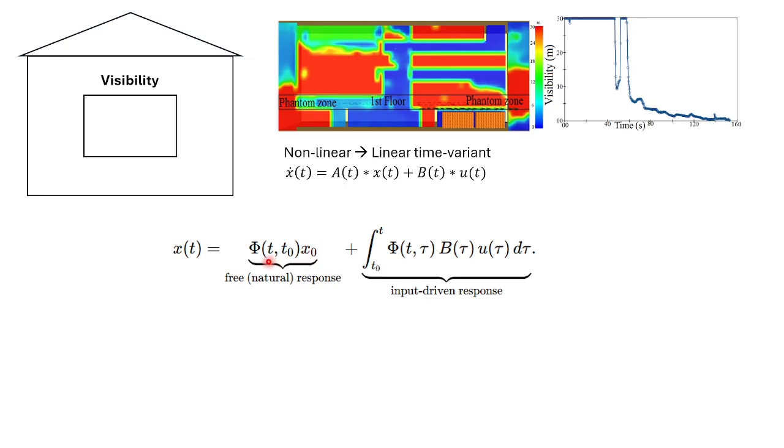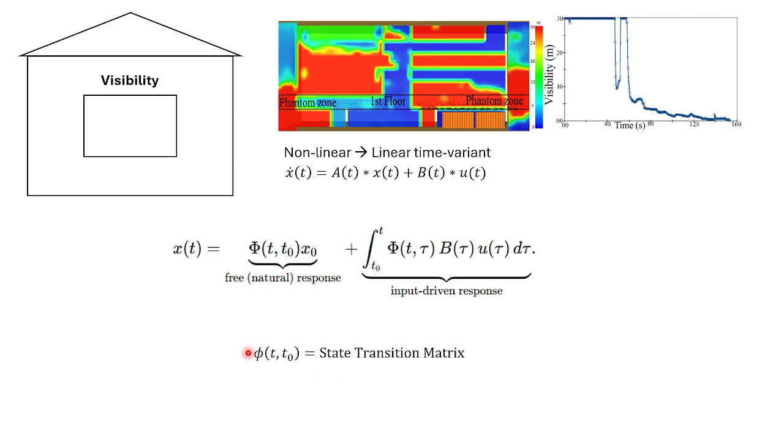For that, we'll need to know what this first matrix, phi of t, t0, means. This is called the state transition matrix. The state transition matrix works like magic for any linear system, be it a time-variant or time-invariant system. How?